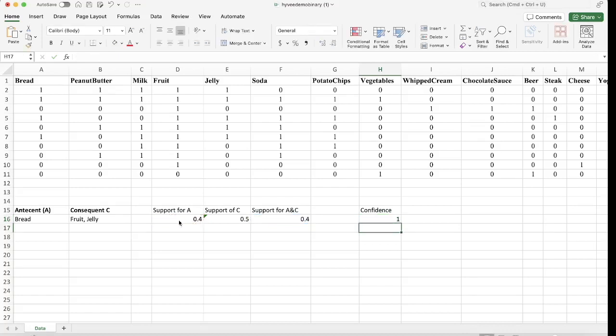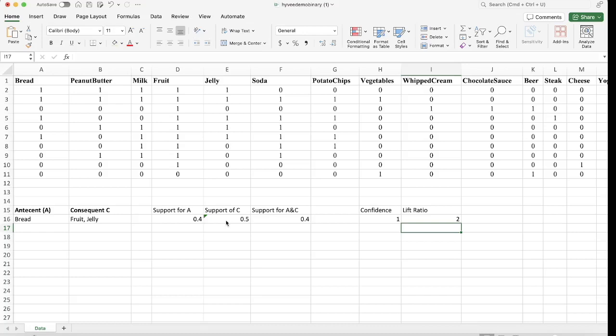And so here the confidence would be 1. Another thing that we talked about was the lift ratio. And so the lift ratio was our confidence of the rule, which here was 1, divided by the support of the consequent, which was 0.5. And so here our lift ratio would be 2. And so this is what all of these things mean.